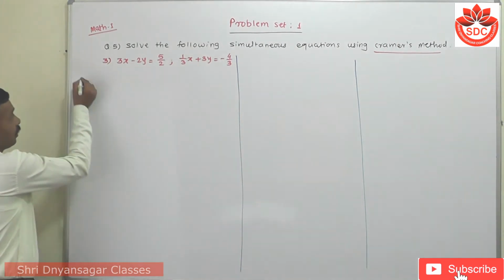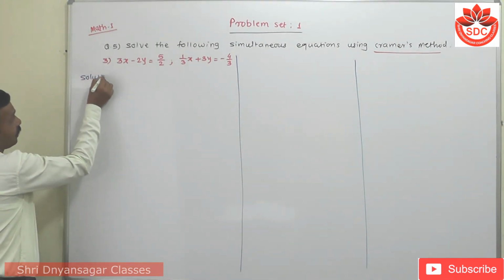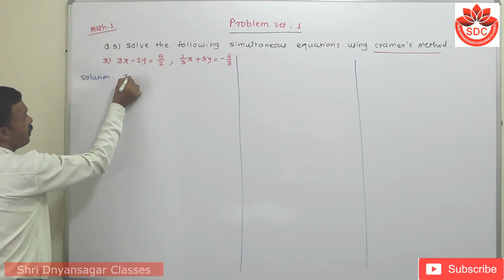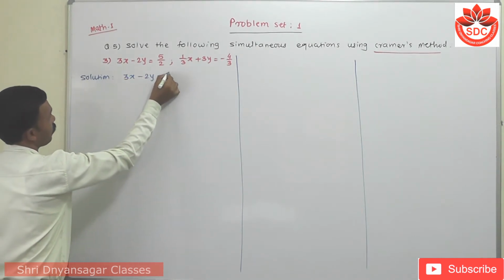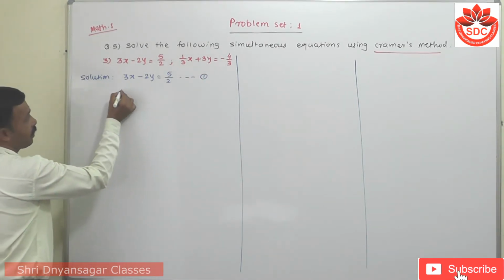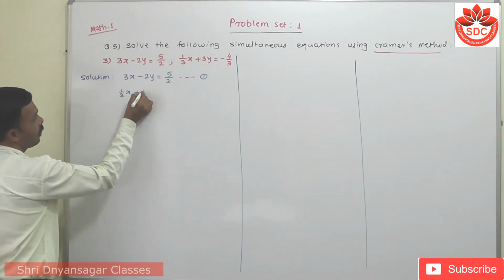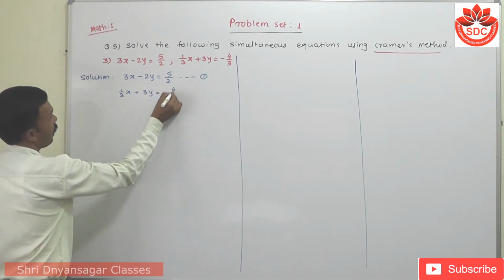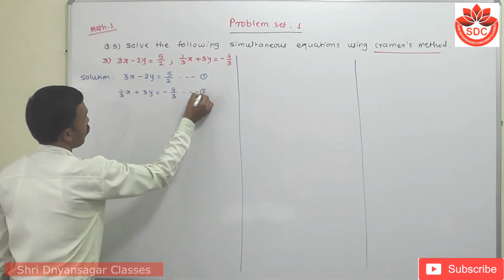So in this solution I have to write first. These are the two equations. 3x minus 2y is equal to 5 upon 2. Let it be equation number first. Second one is 1 upon 3 x plus 3y is equal to minus 4 upon 3. This is equation number second.